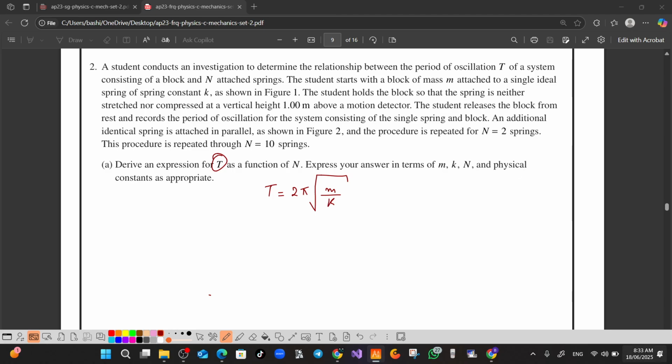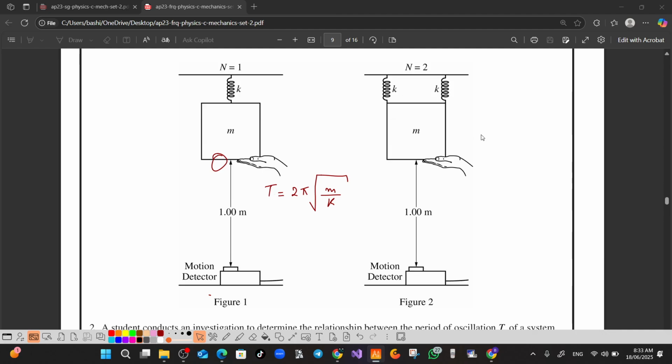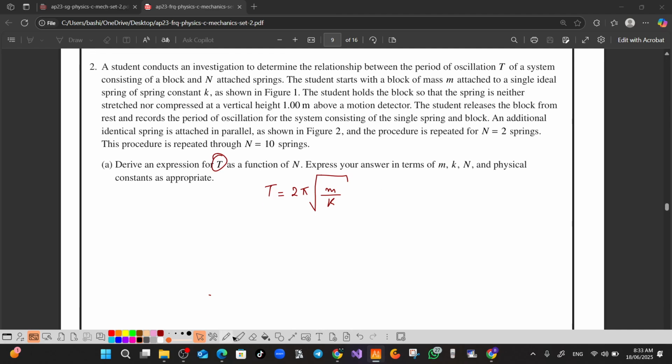Now, we know that according to figure 2, the 2 springs, or the 3 or the 4, whatever the number of springs are, the springs are connected in parallel. And whenever we have a parallel combination of springs, we can combine them to form the equivalent K. So this is the equivalent: K1 plus K2 plus K3. But since we are working with identical Ks, let's replace them with the same notation, which means the same value.